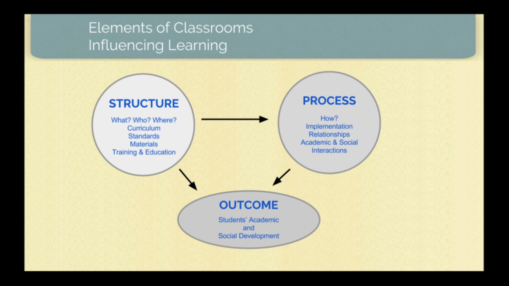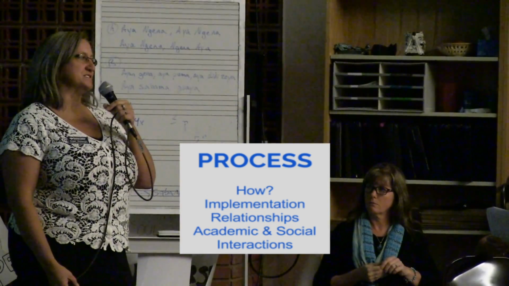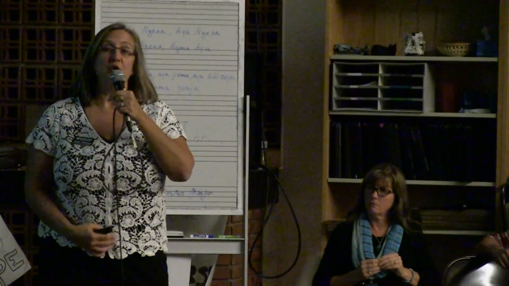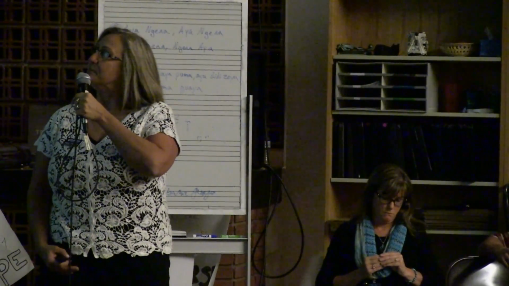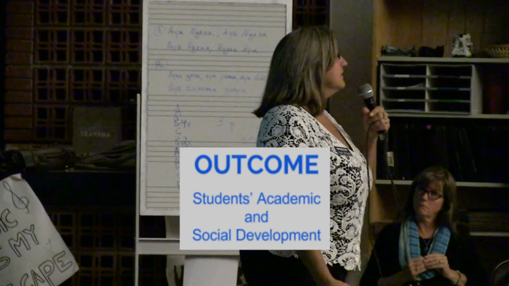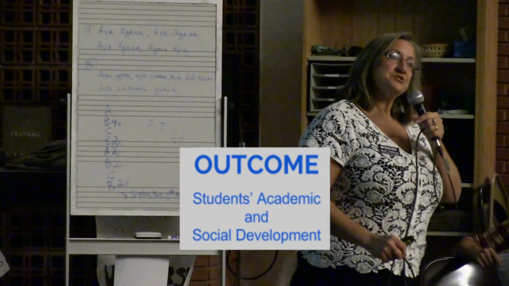As we move into the process, we're asking that question, so how do we meet those standards? How do we use those materials in order for students to show control over those skills? And we focus both on the academic and the relationships. So it's social, emotional, and academic skills.